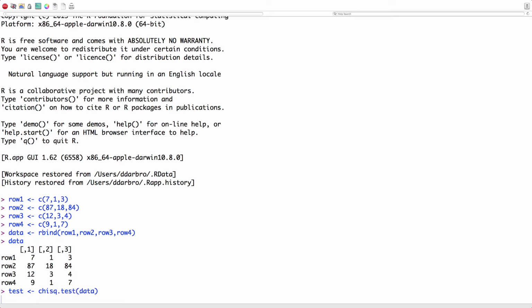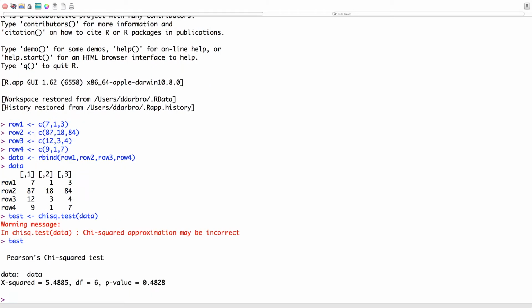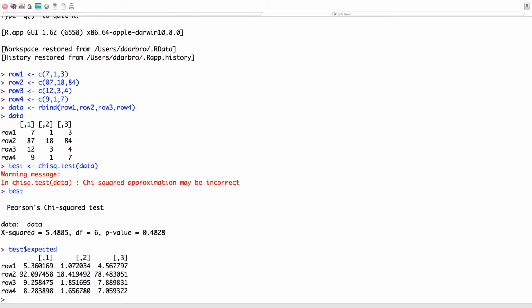You're going to see we get the same warning message, and if we type test, we get the same p-value. What I did before is I created the expected cell counts with test$expected, and so interpretation, for example, of the 5.36.